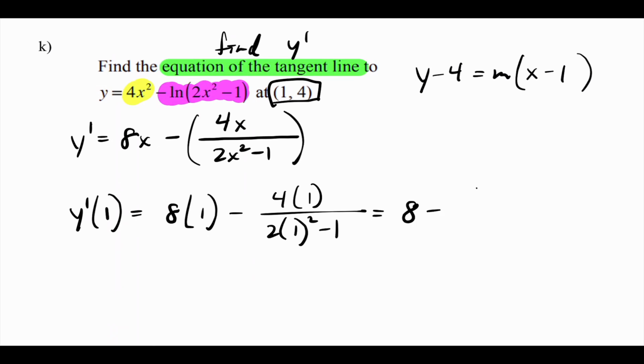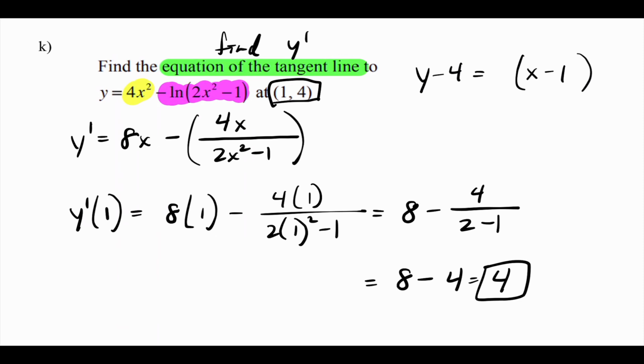So I get 8 minus 4, 2 minus 1, 8 minus 4, which is 4. Done. Okay, that's the equation of the tangent line.